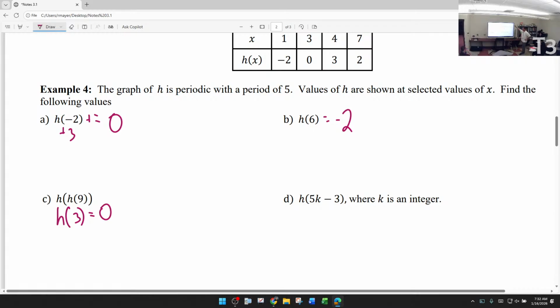Uh-oh. H of 5k minus 3, where k is an integer. So k is 1 or 2 or 3 or negative 1 or negative 2 or negative 3. So if k is 1, that's 5 minus 3, which is 2. That's h of 2.